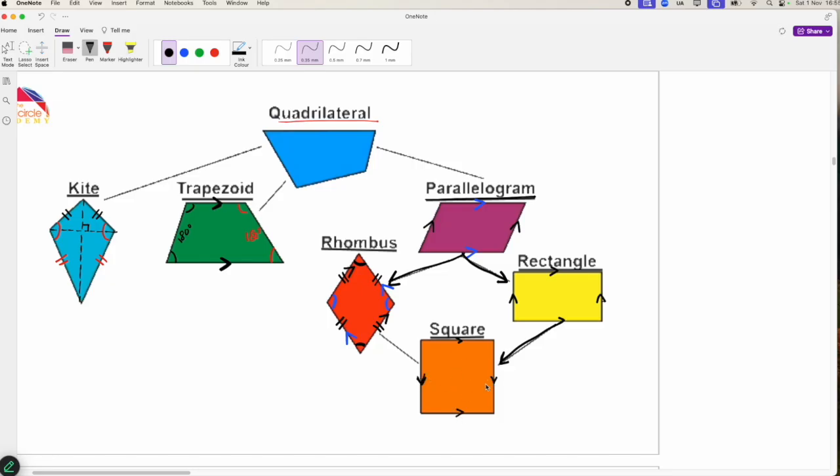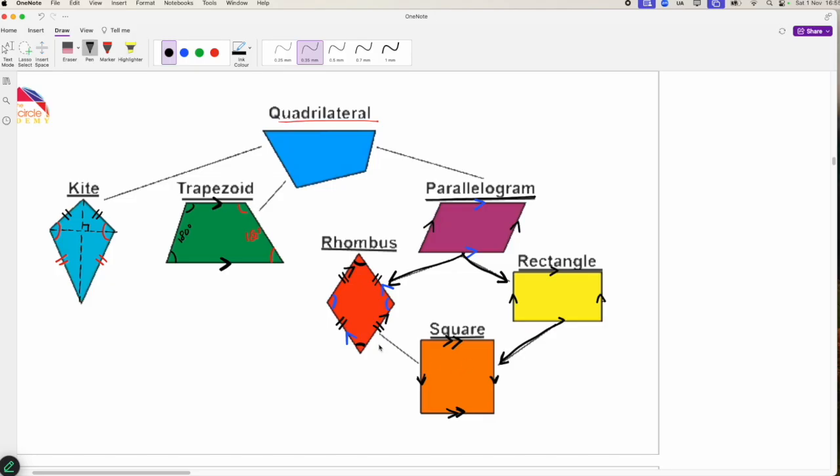This is parallel with this, and then this is parallel with this. So the parallel sides here are why a square is a rectangle. It's a type of rectangle.